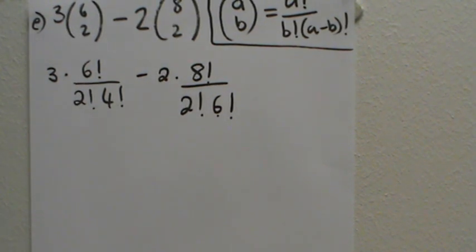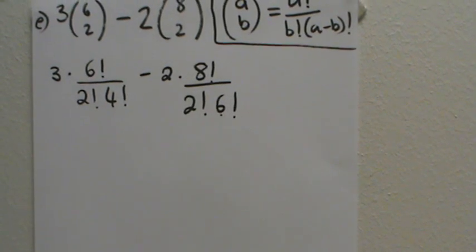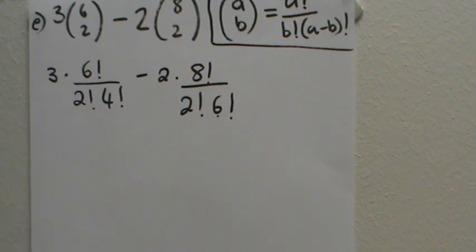Okay, so we are told to do this without a calculator, so I don't think many of us can work out what 8 factorial is without a calculator. So we'll have to do a lot of cancelling out.